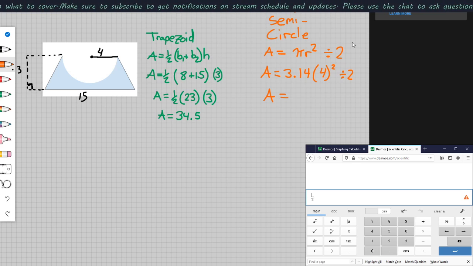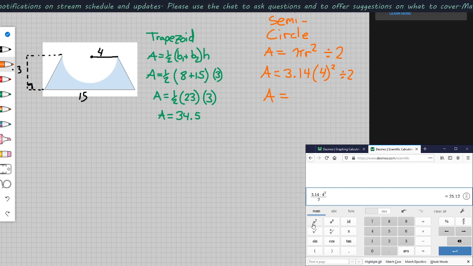After you put the 2 on the bottom, you can press up on the D-pad or the up arrow, and then click up here and put 3.14 times 4 squared, and you get 25.12. So that's one way you can put it all in one simple entry. So our area of that semicircle is 25.12.